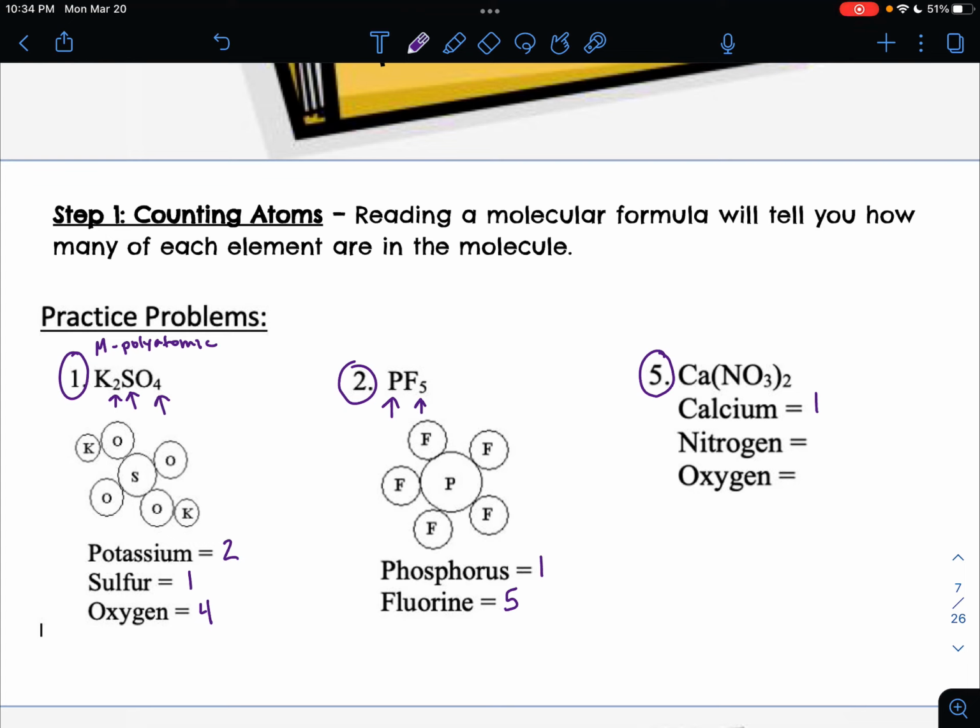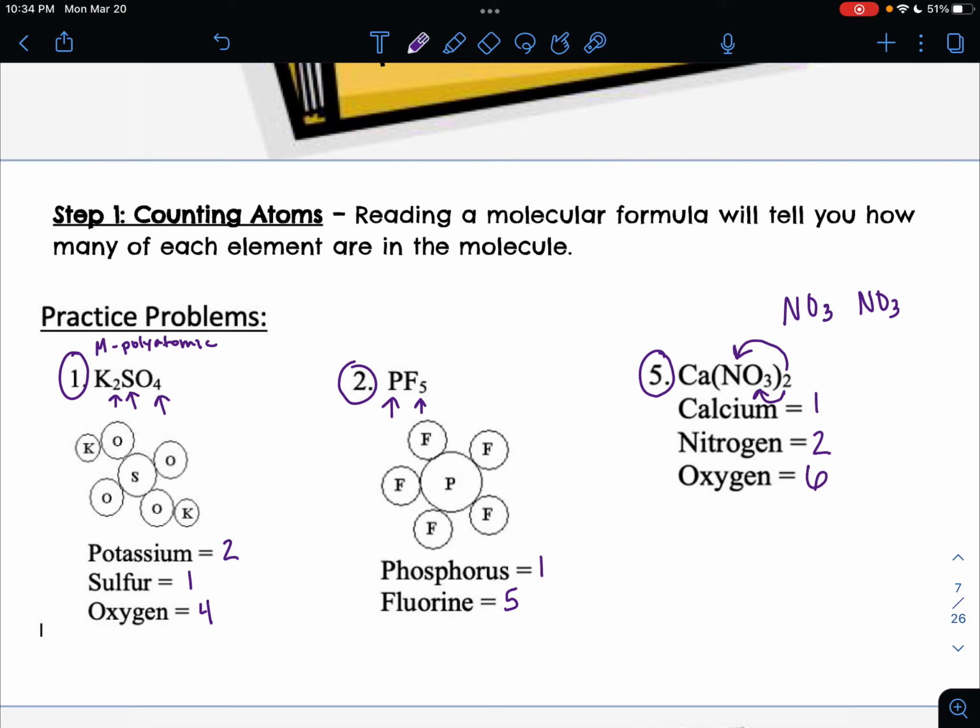this 2, we treat it just like you treat a number outside of the parentheses in your math class. This 2 really applies to everything. So it's telling us that we have 2 nitrogen, and then we also have 2 sets of this O3. It's like if we were to write NO3 out 2 times, we have 2 nitrogens, and then in total, we have 6 oxygen.